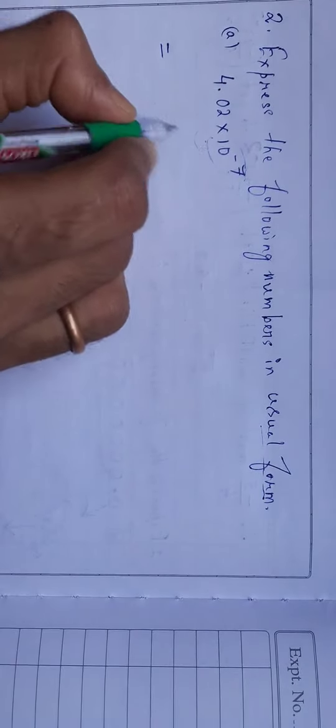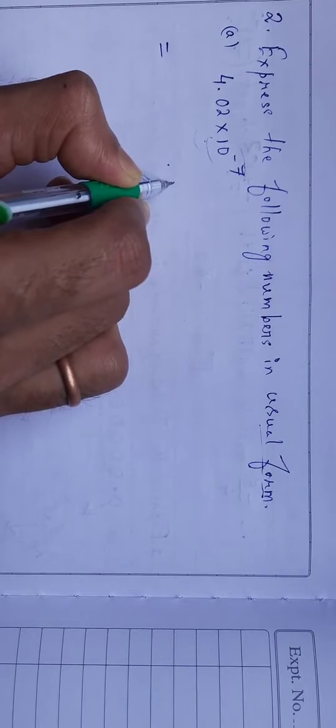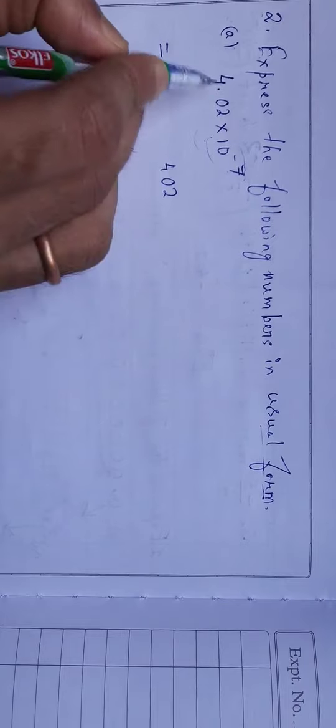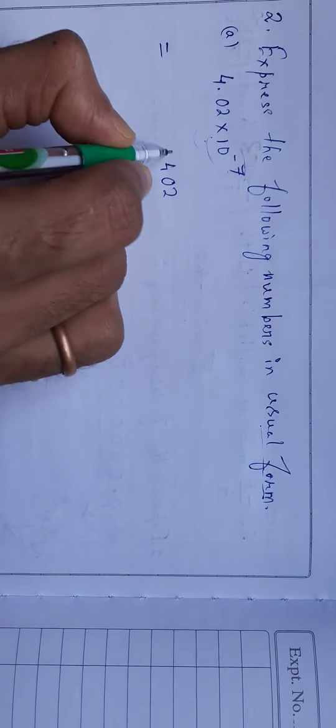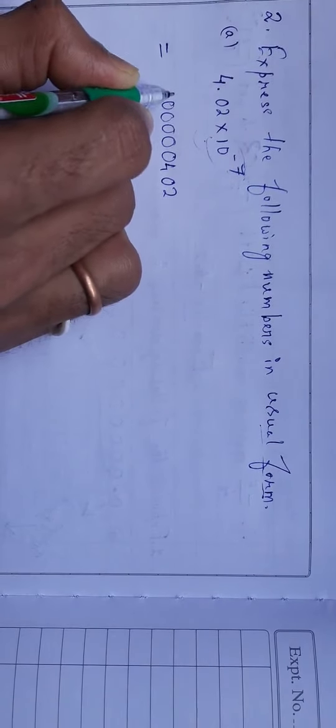So it will be 0.02 is already there. Now you start shifting 4, that means 1 digit is already there. Before 4 there is no other digit, so I will be placing 0. So 1 digit 4 is already there, and I have to make 6 more digits: 1, 2, 3, 4, 5 and 6.